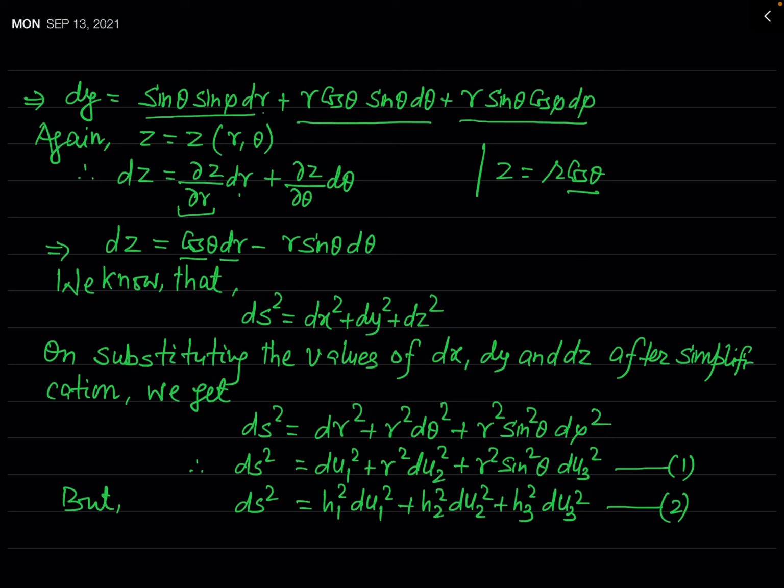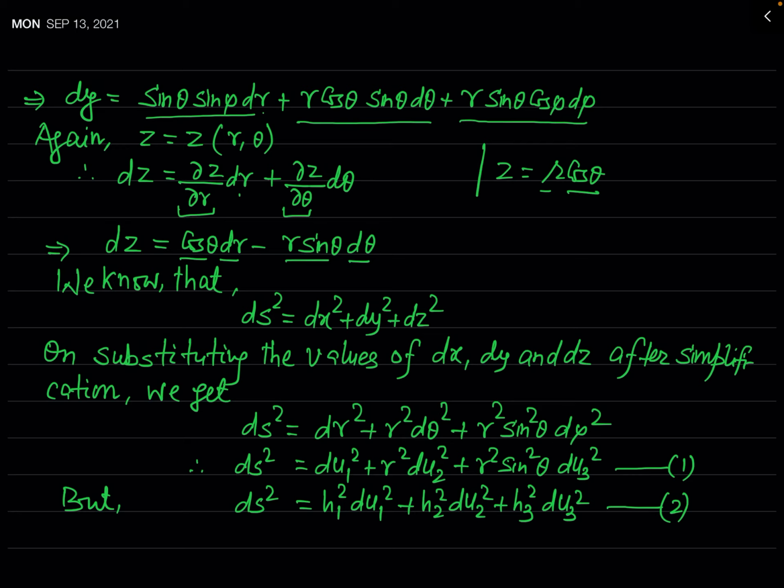And del z by del theta: we treat r as constant, and the derivative of cos theta is minus sine theta. So this will be minus r sine theta d theta. In this way, we have obtained the values of dx, dy and dz.